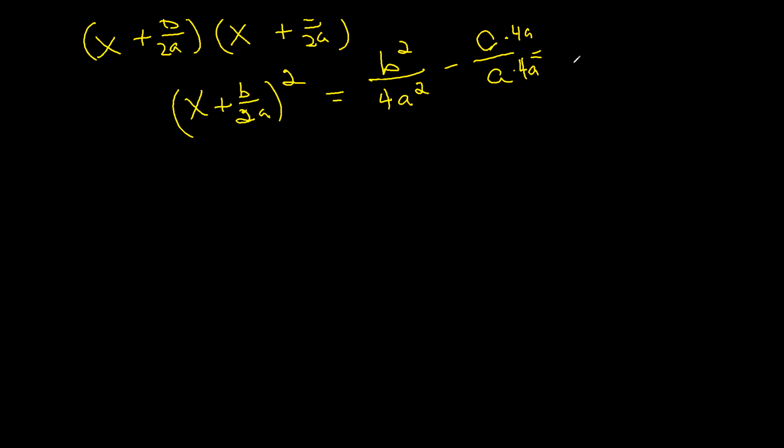So I end up with 4a squared as my denominator, and the top is just going to be b squared minus c times a times 4, how do you write that? 4ca or 4ac.